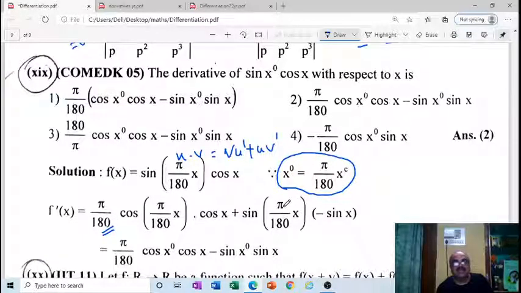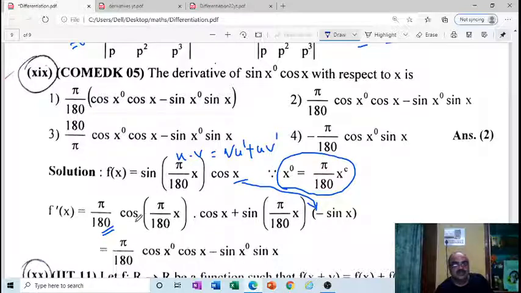Plus u into v dash: sine of pi by 180 x into the differentiation of cos x. Differentiation of cos is minus sine x.